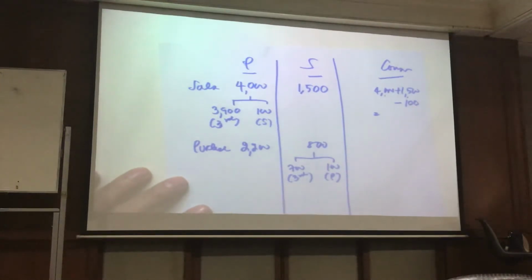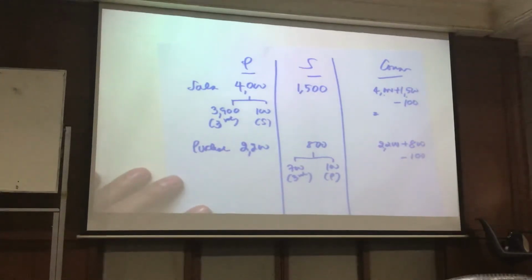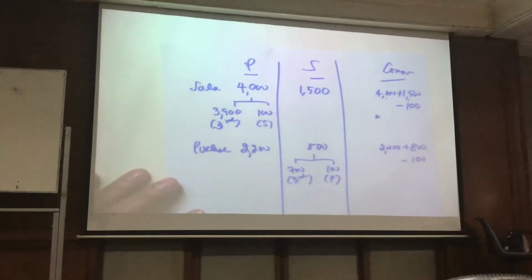Same thing for purchases, minus 100 to get the right cost of goods sold. You guys okay with that?